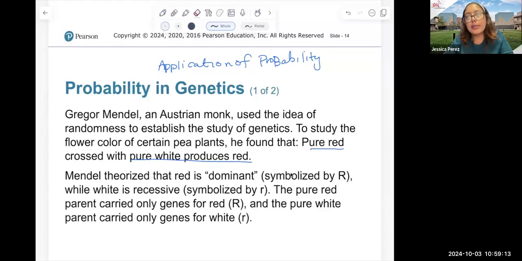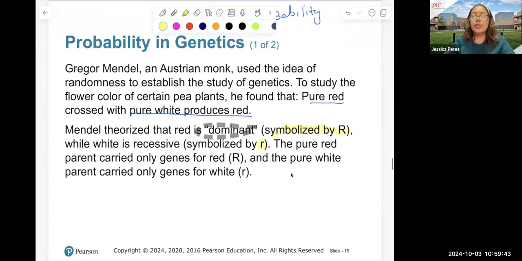Mendel theorized that the red is the dominant. So what he did is he symbolized it by the large R, and the white, which is the recessive, he symbolized as little r. The pure red parent only carried genes for red R, and the pure white parent only carried genes for white.